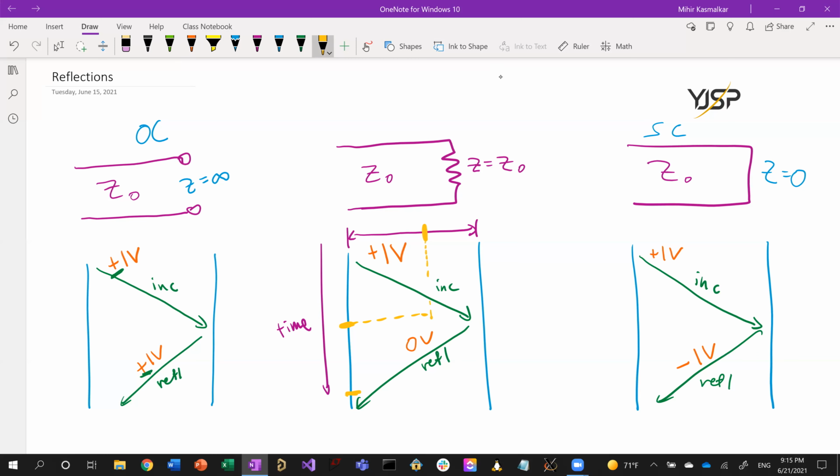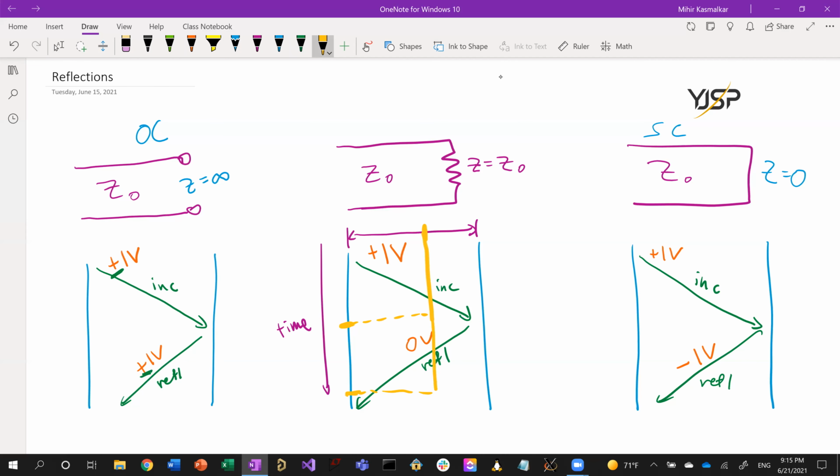So what you do is you add up all of the arrows that you've intersected with this vertical line that you've drawn. So far we've intersected the 1 volt line. So at this location on the transmission line at this time, we're seeing 1 volt. You just keep drawing that down. It intersects here again. Now we've intersected 1 volt and 0 volt. So it's still going to be 1 volt.